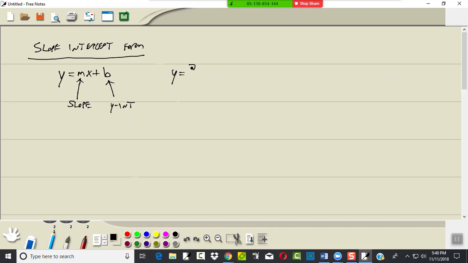Let's say I got y is equal to 2/3 x minus 1, and we're wanting to graph this. First off, our slope is 2/3. We always want to write that in fraction form, which this already is, so we're good. And then our y-intercept is the number at the end, so the y-intercept is going to be -1. Now remember, our slope is a change in y over change in x. This is a +2 over a +3.